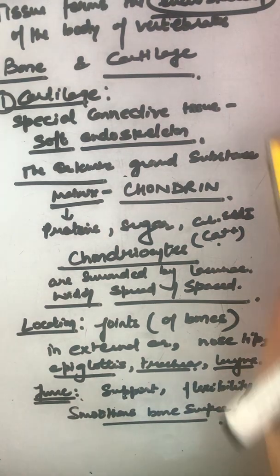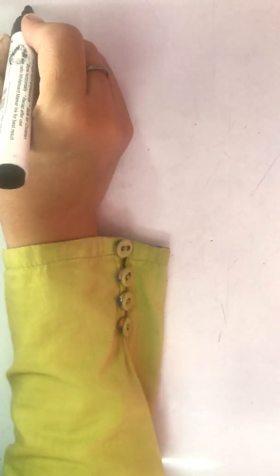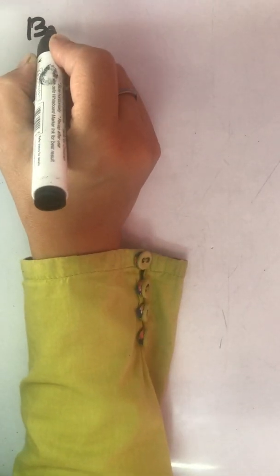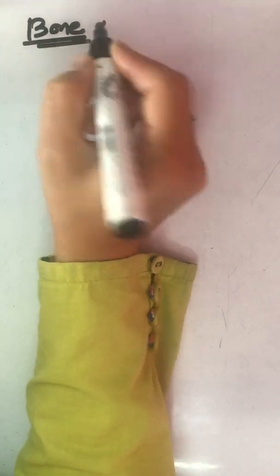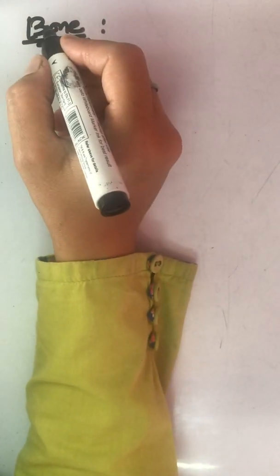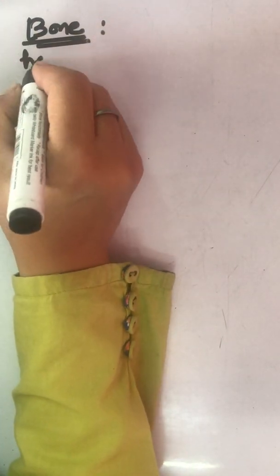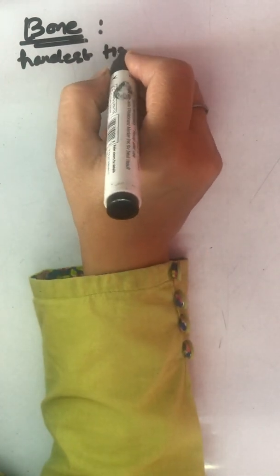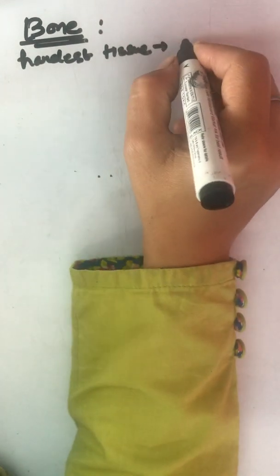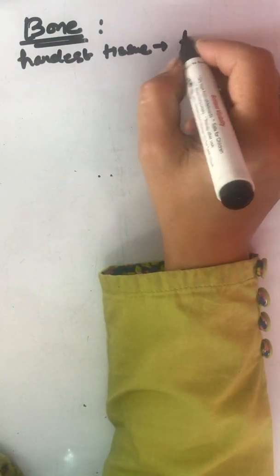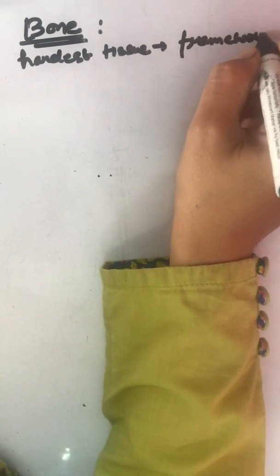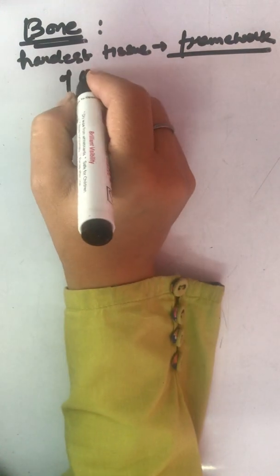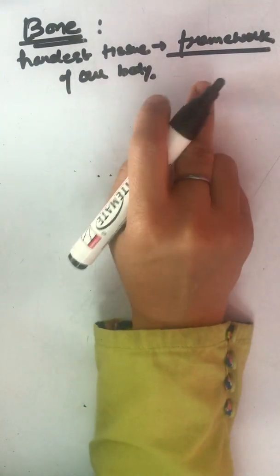Now talking about bone. When we talk about bone, that is quite known to all of us, the hardest tissue, the hardest tissue which forms the framework of the body. It is also known as the endoskeleton of the body.